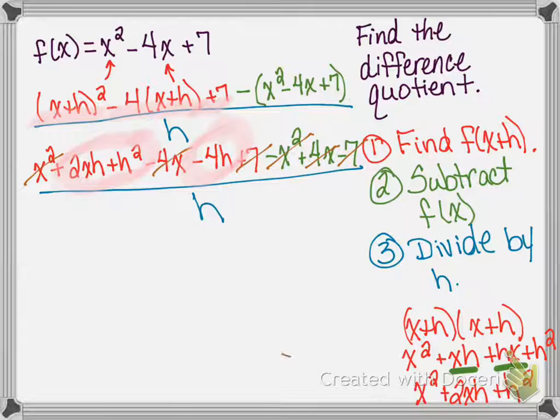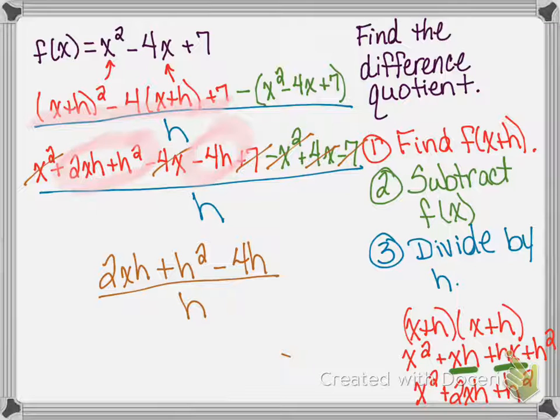Okay. So now I have 2xh plus h squared minus 4h. Do I have an h in every single term in the top? Yes. So now I'm going to factor that out. So I have h times 2x plus h minus 4.